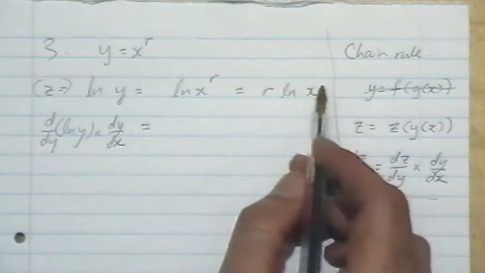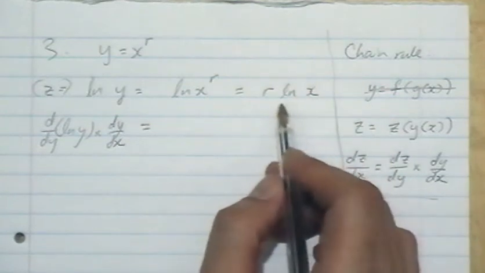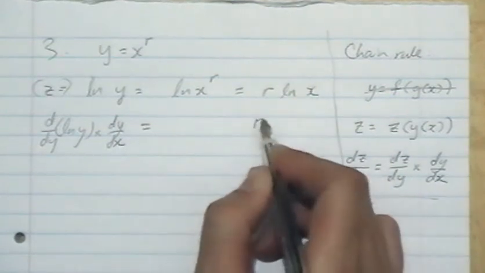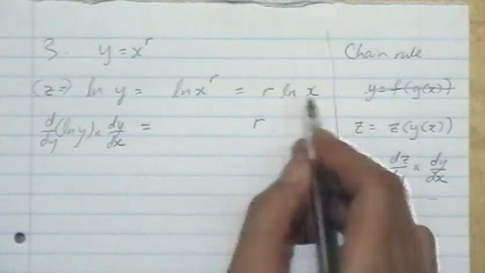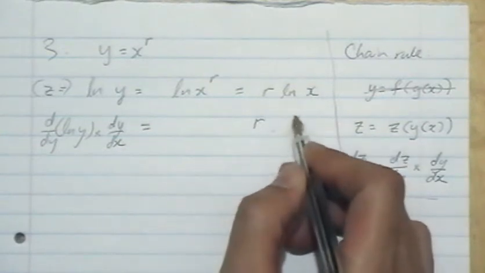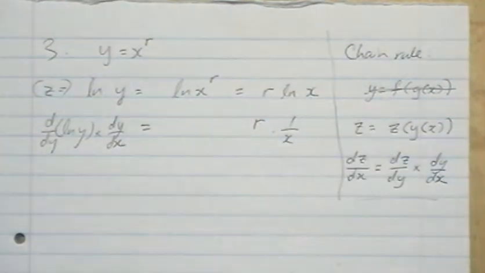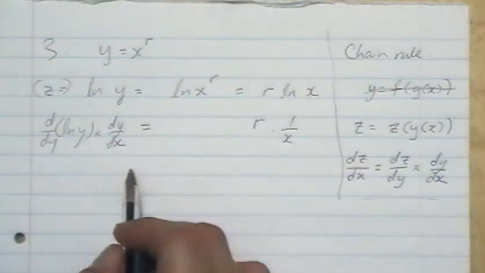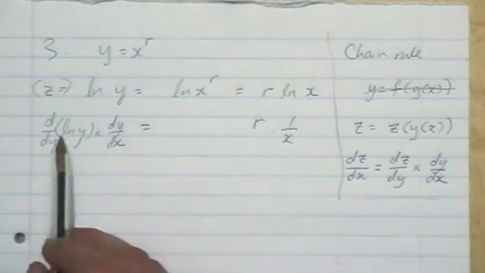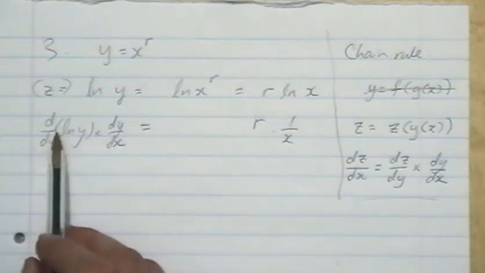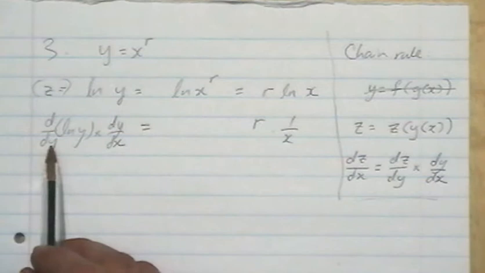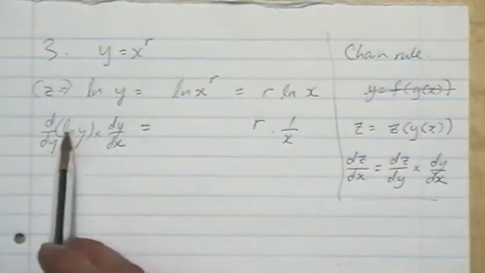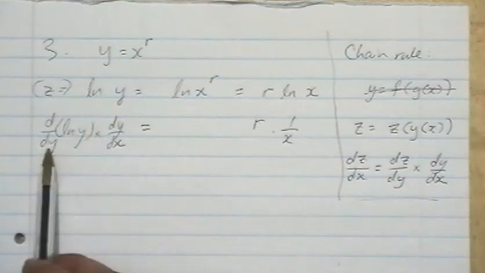Then next, I have to differentiate the right side by x, and we already know how to differentiate log x from the last step. It is 1 over x. Okay, let's press on. d of log y by dy is the same as differentiating log x by x.